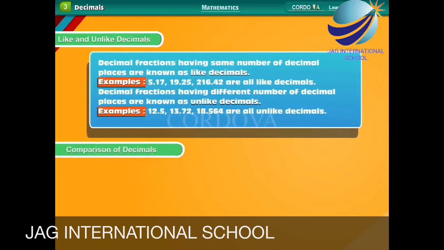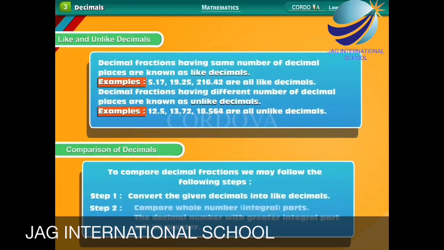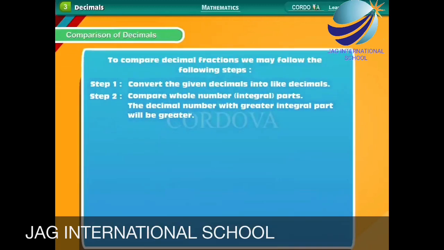Comparison of decimals. To compare decimal fractions, we may follow these steps. Step 1. Convert the given decimals into like decimals. Step 2. Compare whole number integral parts. The decimal number with the greater integral part will be greater. Step 3.